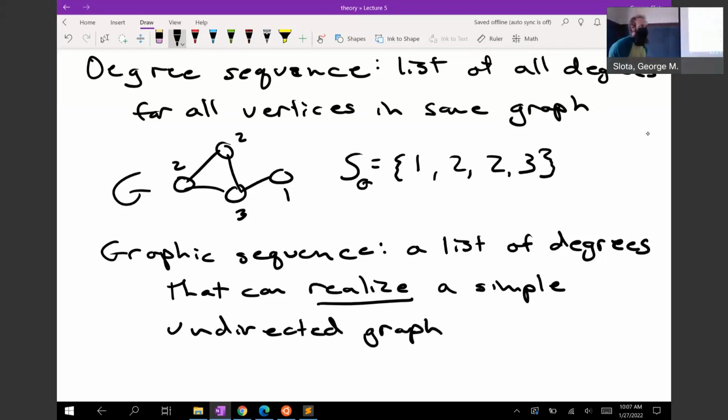We consider simple undirected graphs here, because this is going to be the more interesting problem. A sequence can represent a loopy multigraph pretty arbitrarily, as long as the degrees sum to even. Leave that as an exercise to the reader after today. But here, when we're talking graphic sequences, always consider simple undirected.